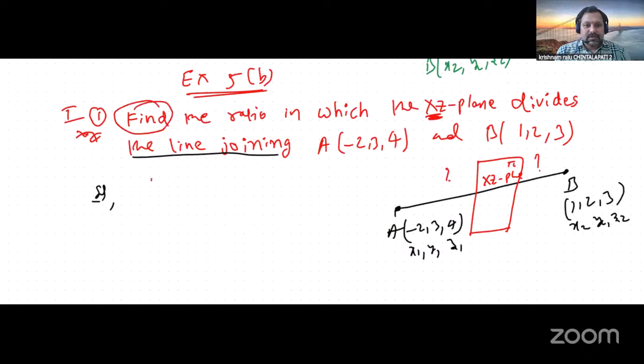So the given points are A equal to -2, 3, 4 and B equal to 1, 2, 3.